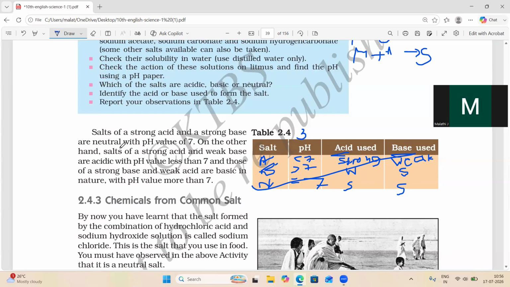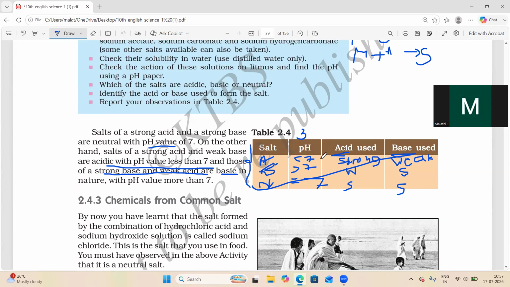So there are salts of strong acid and strong base, which are neutral. Salts of a strong acid with a weak base have pH less than 7, that is an acidic salt. A strong base with a weak acid gives a basic salt. This is important. The three types of salts are acidic, basic and neutral, and you should know one example of each.